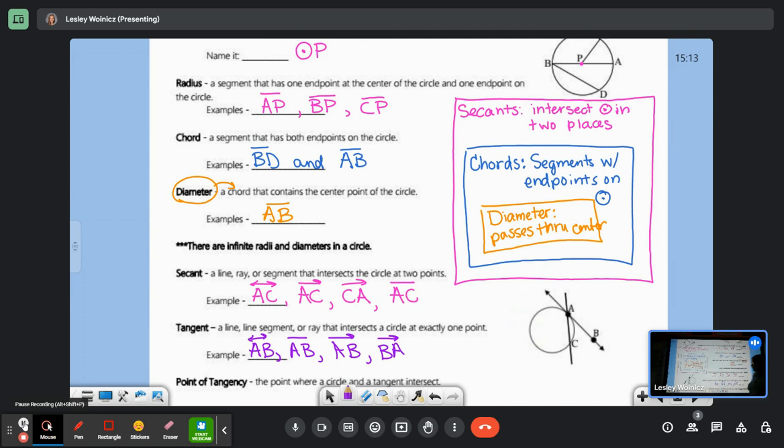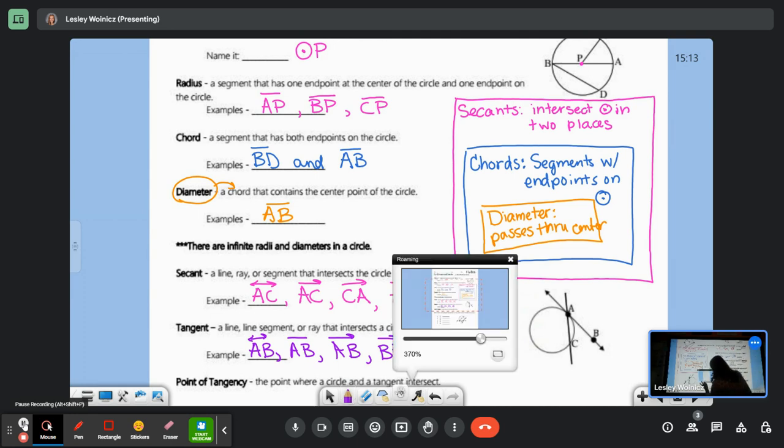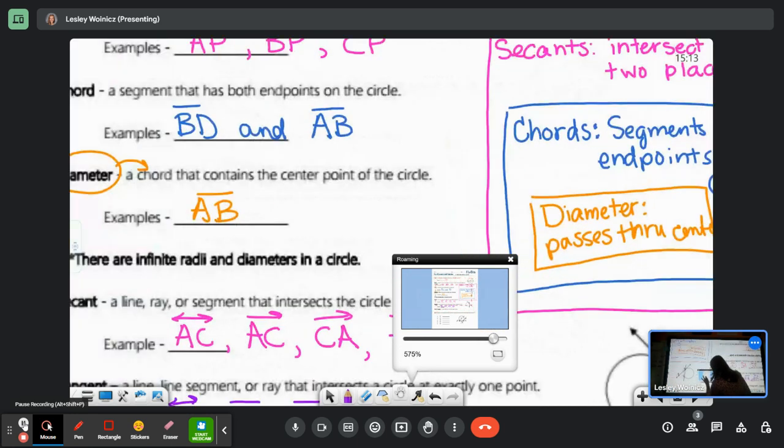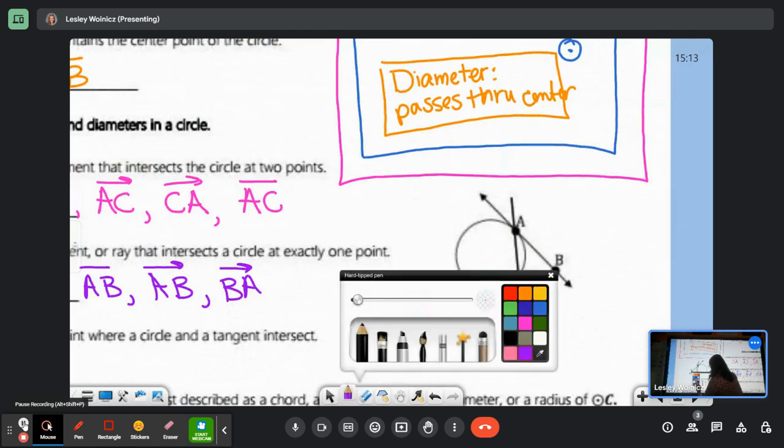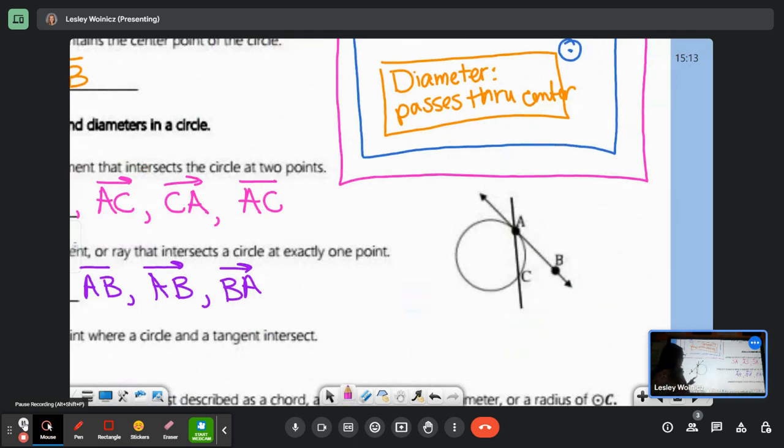Okay, you are also going to need to know that the tangent line is perpendicular to the radius at the point of tangency. Do you see that that makes a right angle with the radius at that intersection point?